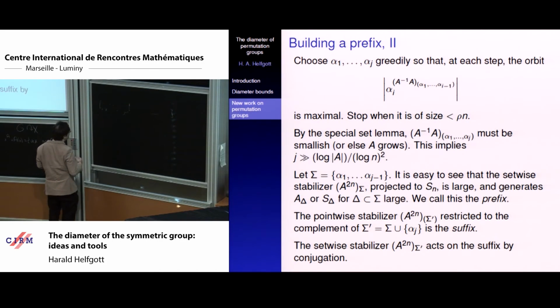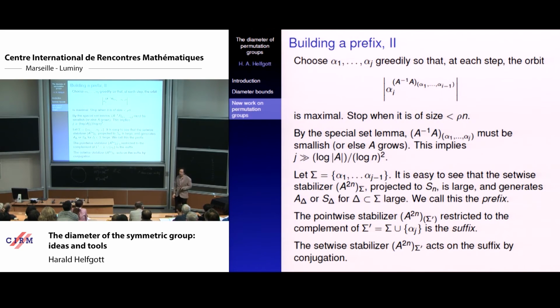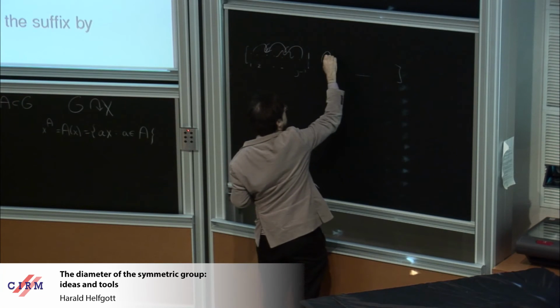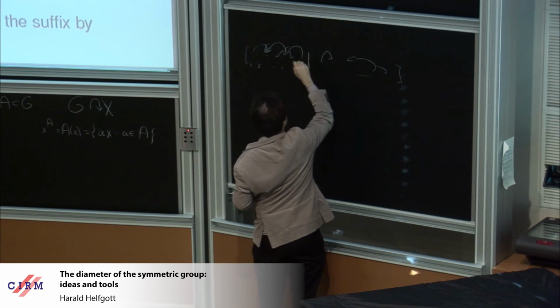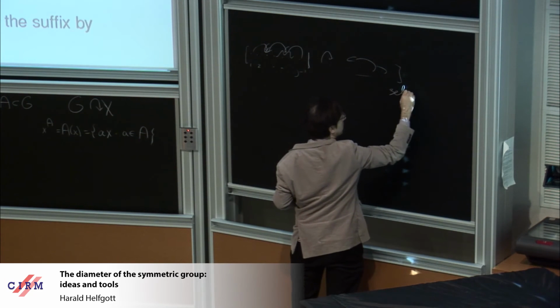Moreover, how is this also useful? Well, we care about the setwise stabilizer and the pointwise stabilizer in part because we care about actions. And conjugation is a particularly nice action. And the setwise stabilizer acts on the pointwise stabilizer. So this is a setwise stabilizer where interesting things happen here, and interesting things happen here, but things here don't go over there. That's the setwise stabilizer.